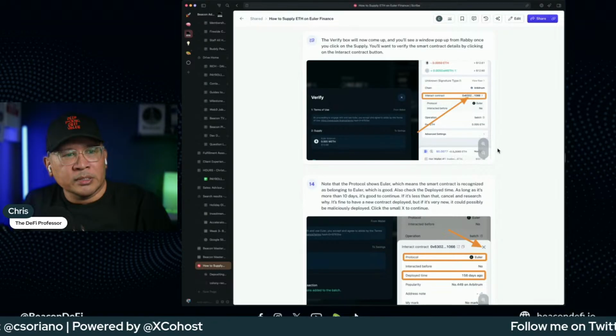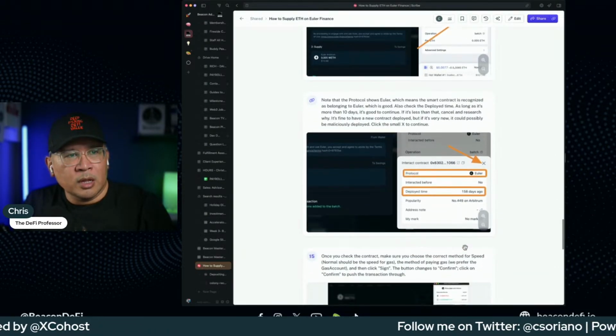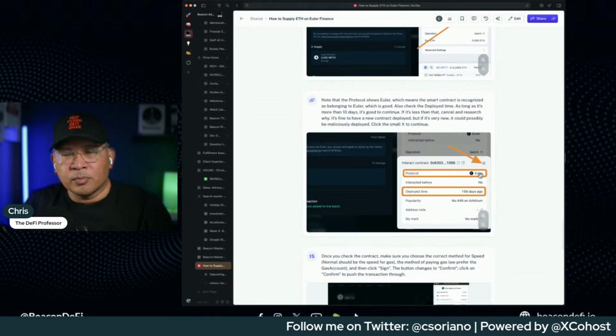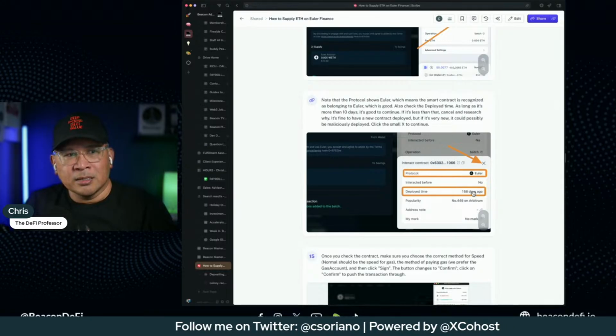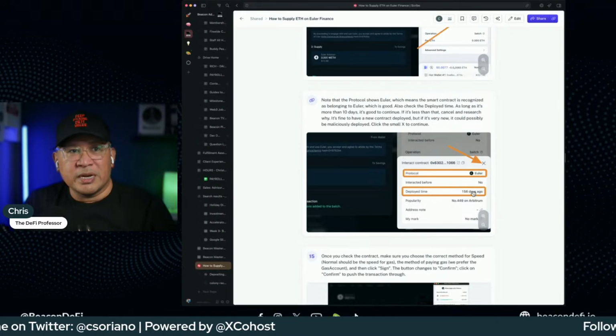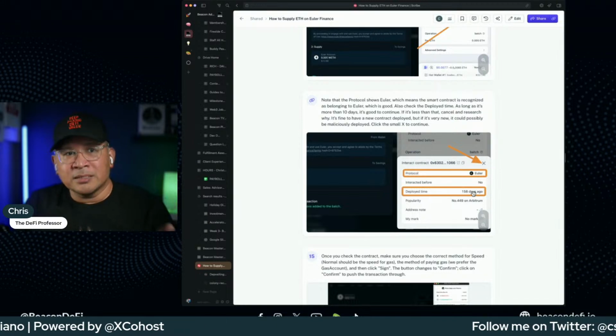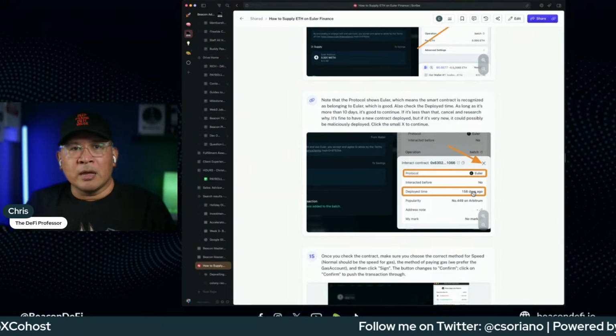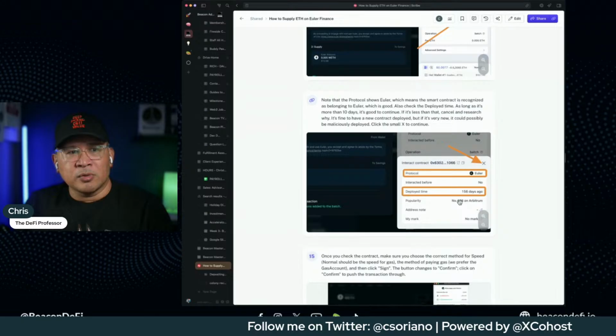This protocol piece, when you click on it, should say the protocol you're interacting with, and the deployed time should be greater, in this case, than 3 days, I would say. If it's anything less than 3 days, shut it down, because there is no reason for you to be interacting with that.